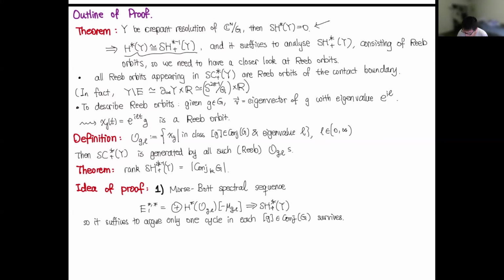So all the problem reduces to analyzing the positive symplectic cohomology, which consists of Reeb orbits. And how do we analyze the Reeb orbits?